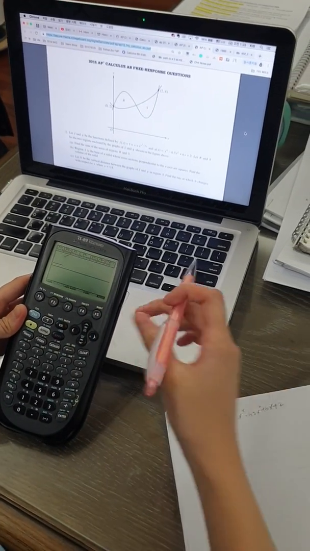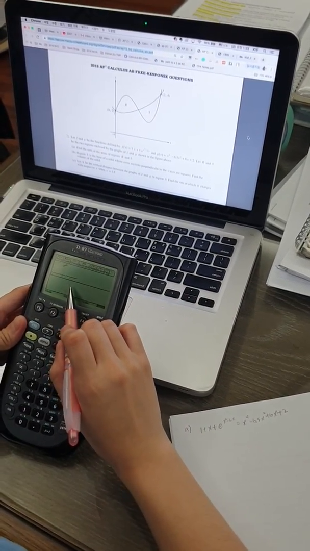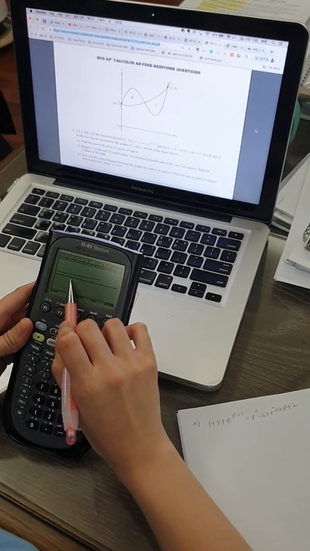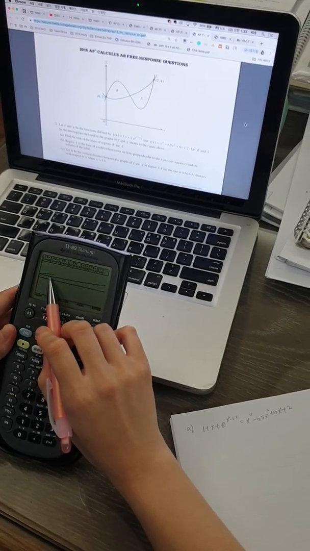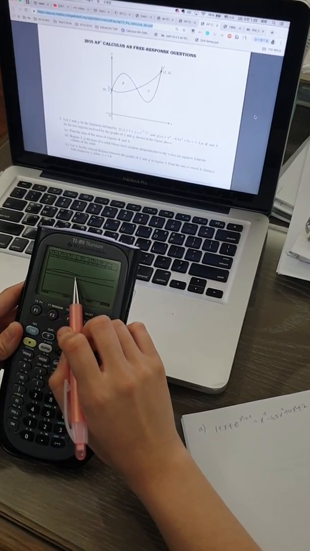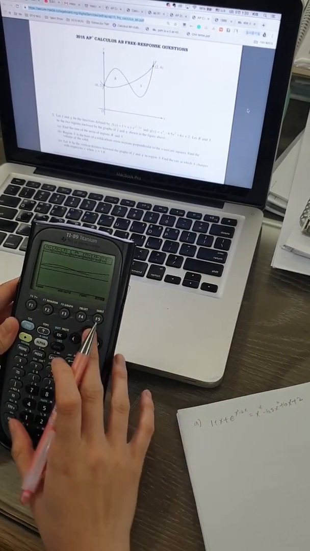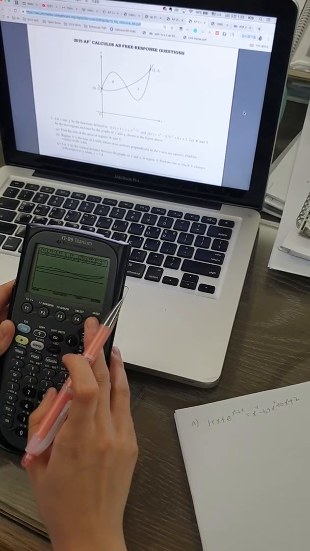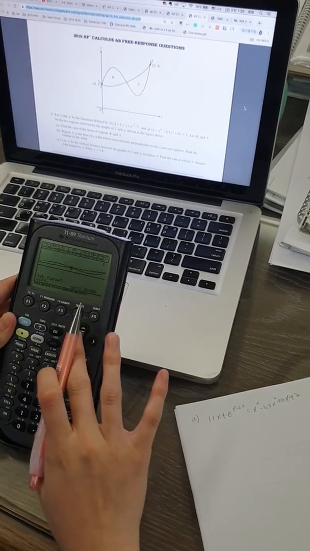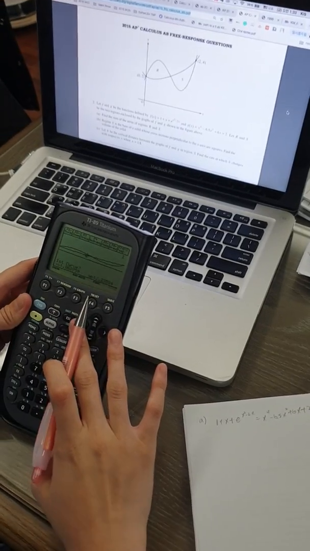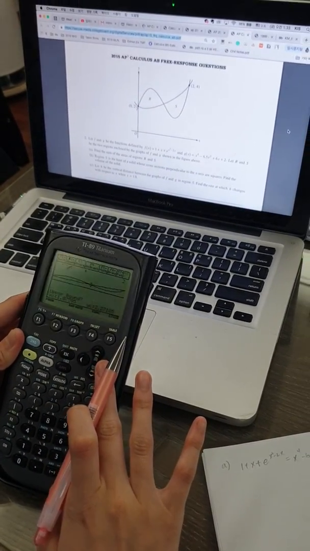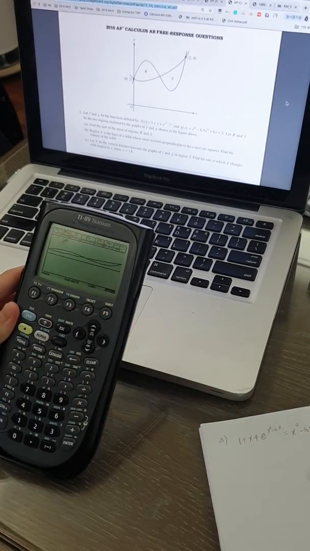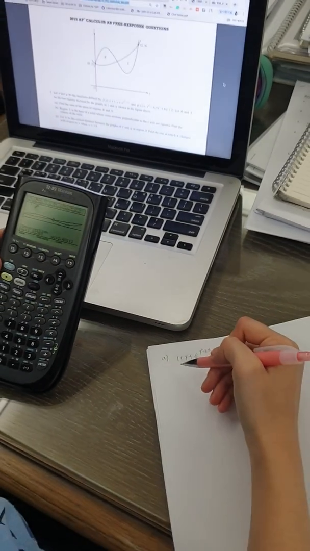So once you graph this, you're going to see this is f of x, and what's going to come right after, this one is g of x. So now you see the intersection here, right? That's what we're going to get right now. Make sure to know how to get the intersection using your calculator, because you're going to need to know how to do it.